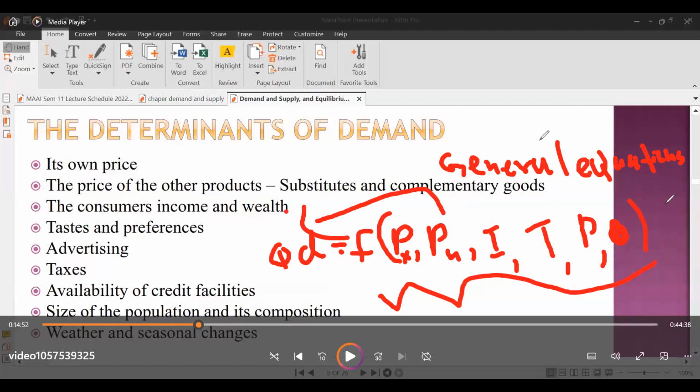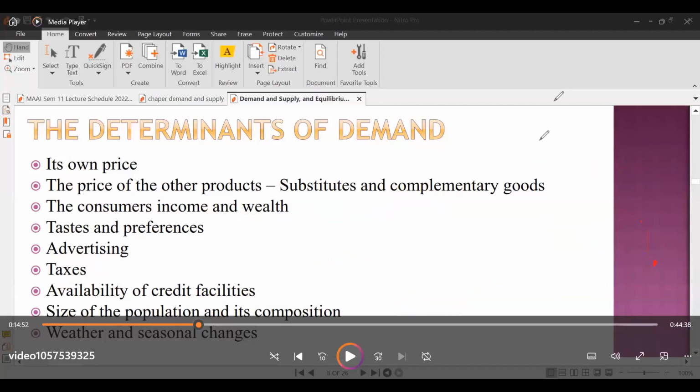Other than this equation, here we consider all the factors. But when we consider the law of demand, there is an equation that may also be discussed under the law of demand.